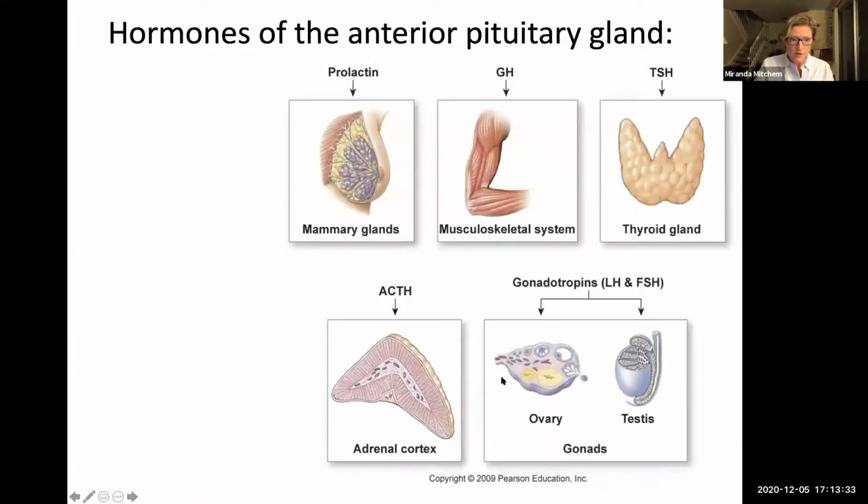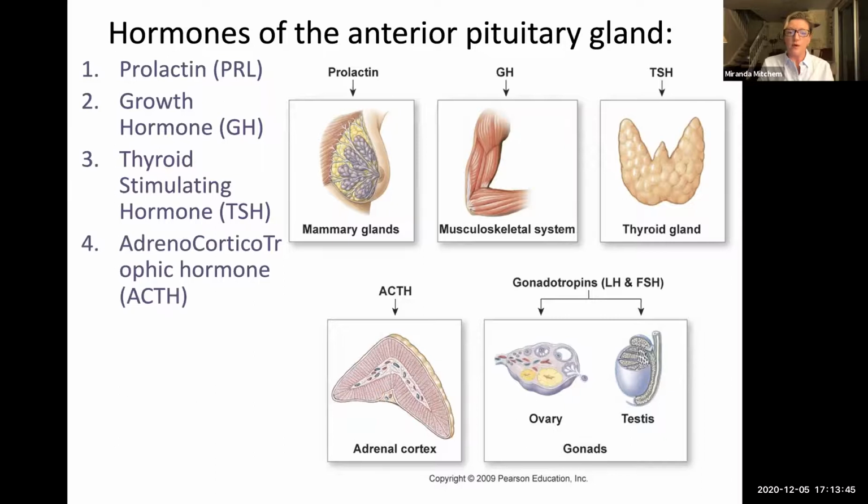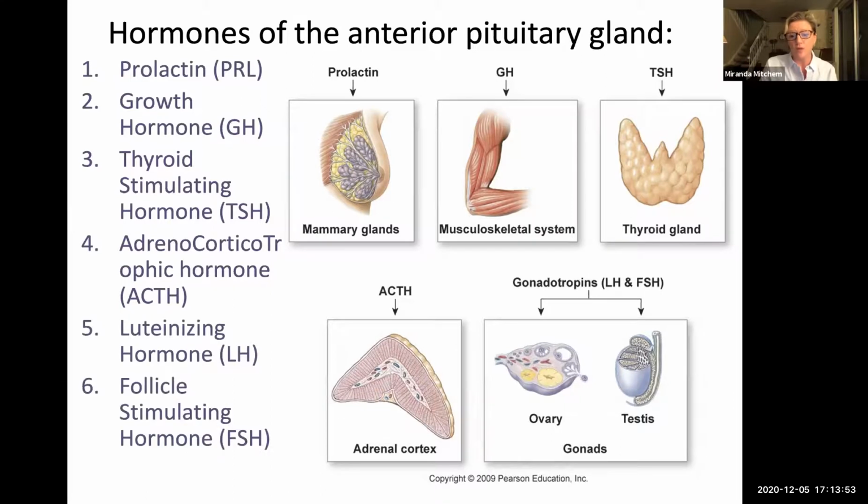So here are the names of the hormones that are released from the anterior pituitary gland. So we've got prolactin, we've got growth hormone, thyroid stimulating hormone, adrenocorticotropic hormone, luteinizing hormone, and then follicle stimulating hormone as well.